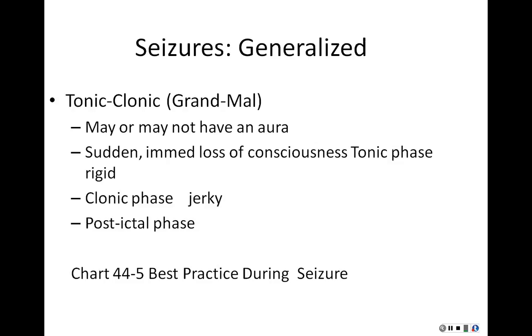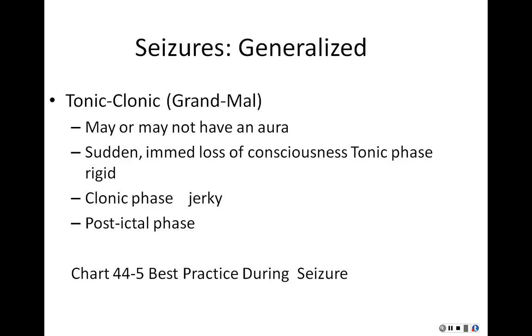So looking at the generalized, and when I'm saying an aura, that is just like sometimes people feel a deja vu or a strange tingling or a taste or a smell or something visual, and they know they're fixing to have a seizure, and which is a great thing.